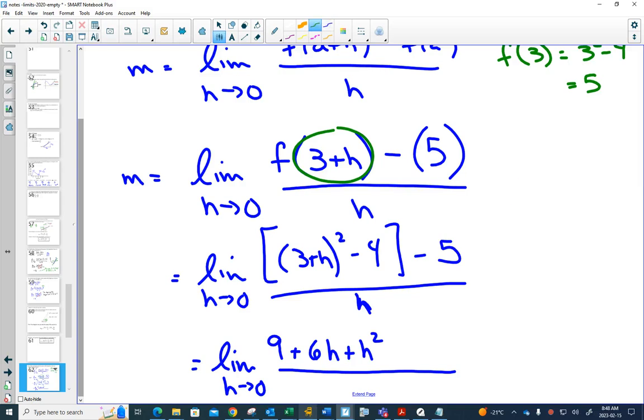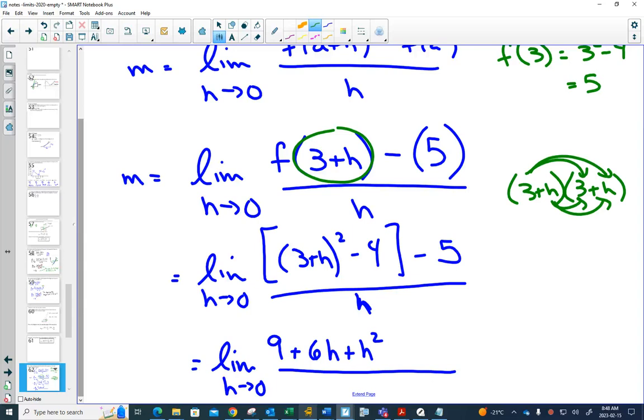I'll do that off to the side. This is what (3 plus h) squared means, and you would have all of this happening. Lots of times we don't think about what it means and we just say, oh, I'll just square 9 and I'll just square h. And then you're going to run into all sorts of problems after that.